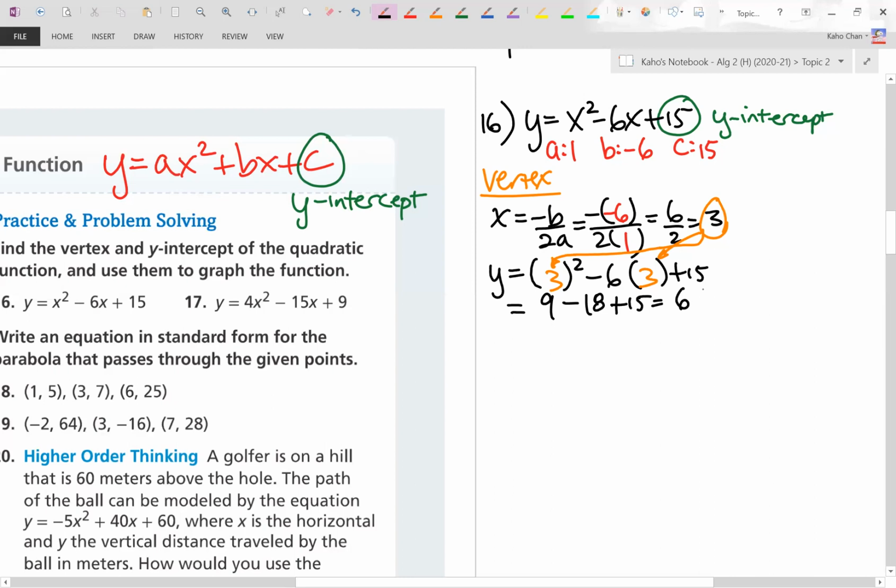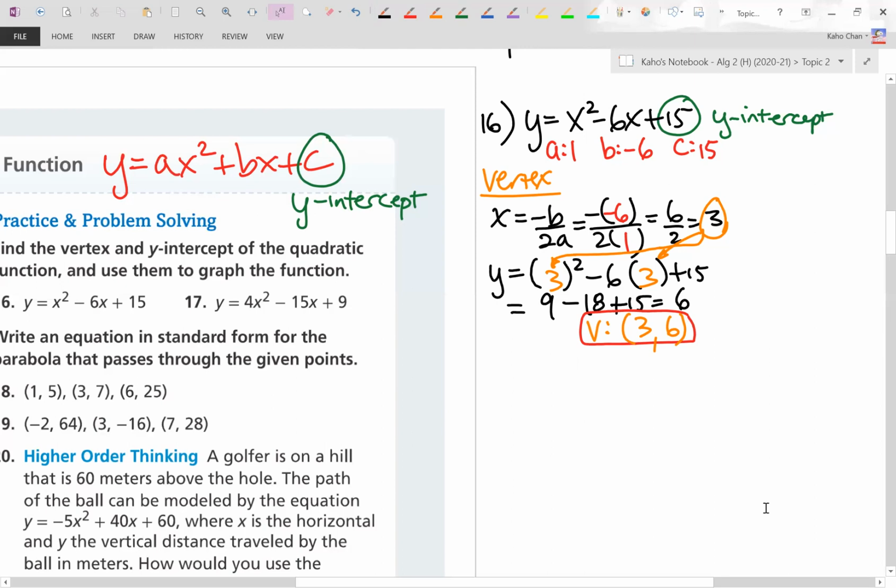Done. Nice. So that means the vertex is at 3, 6. And you're done. Along with the y-intercept: 3, 6, and 15, right?